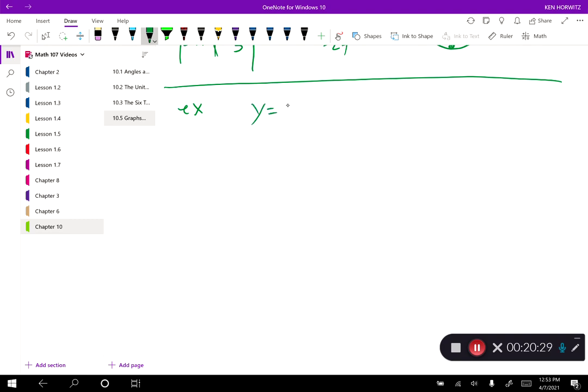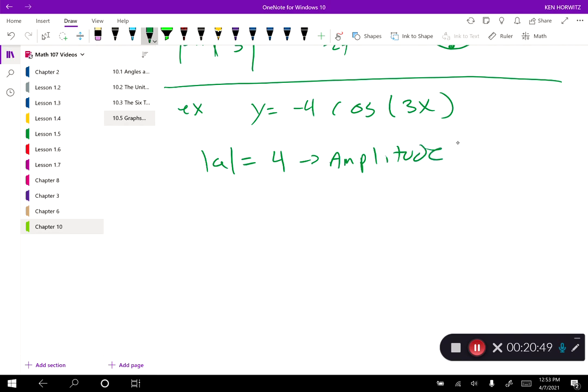So y equals -4 cosine 3x. So the absolute value of a, it's a terrible absolute value mark, equals 4. So there's our amplitude. And our period equals 2 pi over b.